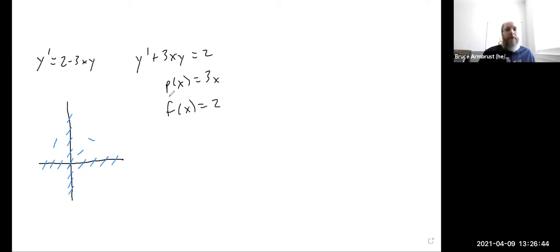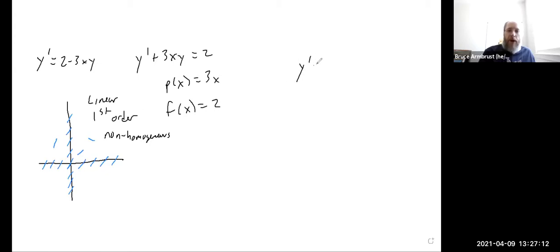You find your solution to the homogeneous, integrate minus 3x, put that on e. Then once you get that, divide that into the 2, integrate that to get your u, then multiply and so on. So this one is definitely linear first order, but it's non-homogeneous.